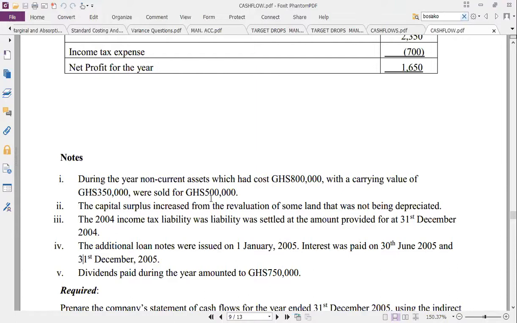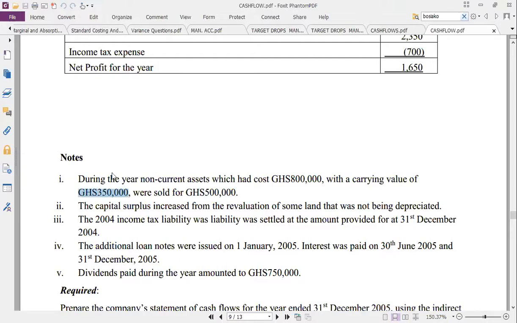What is the carrying amount of the asset that they sold? The carrying amount is 350,000, given to us free of charge. So 500,000 less 350, that's what? 150. So there's a profit on disposal.